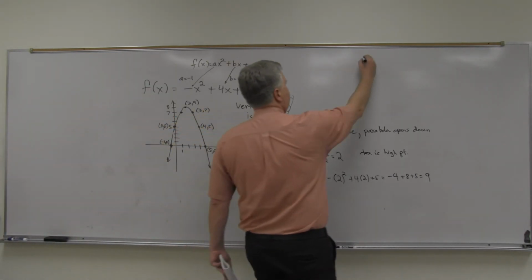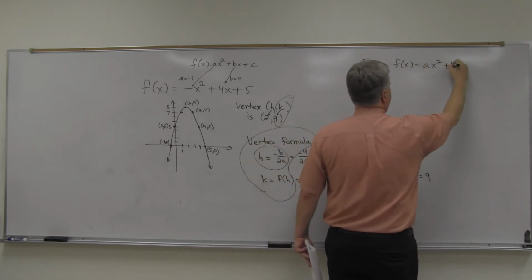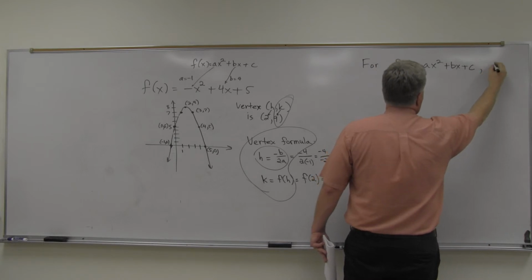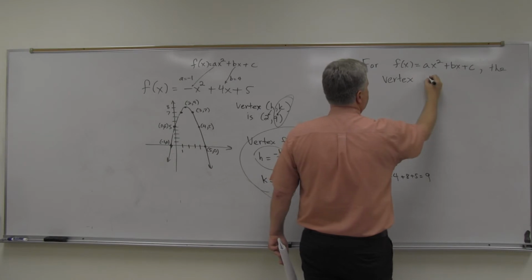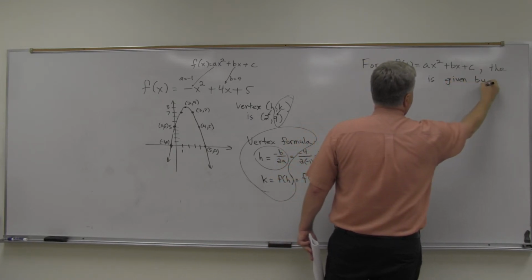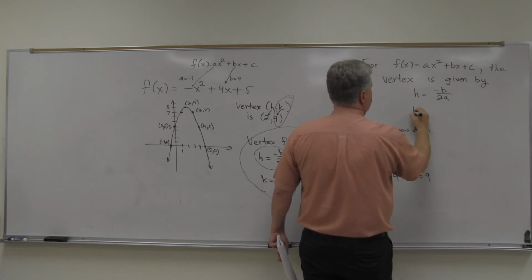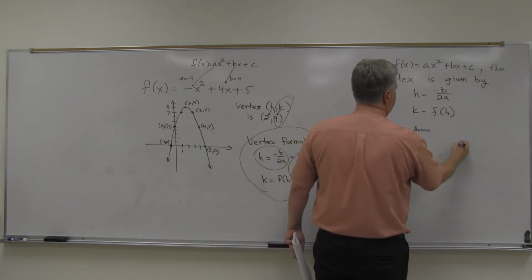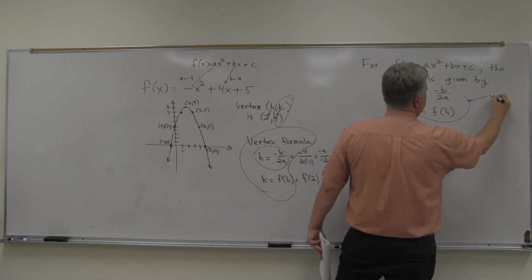For f of x equals ax squared plus bx plus c, the vertex is given by h equals negative b over 2a, and then k equals f of h. Call it the vertex form, for easy reference.